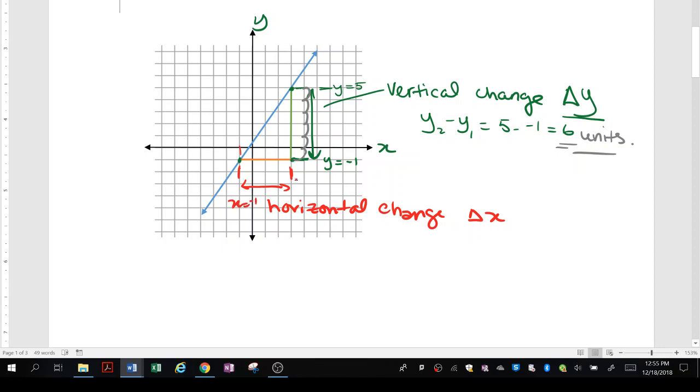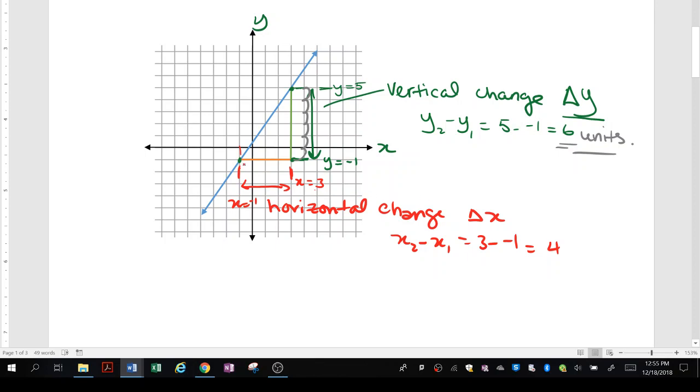And this value here is where x equals 3. So we could also do x2 minus x1, and that would be 3 minus -1, which is equal to 4, and that would give us our change in the horizontal.